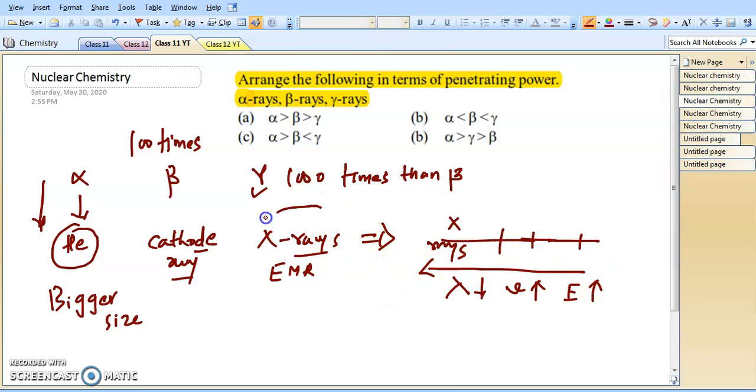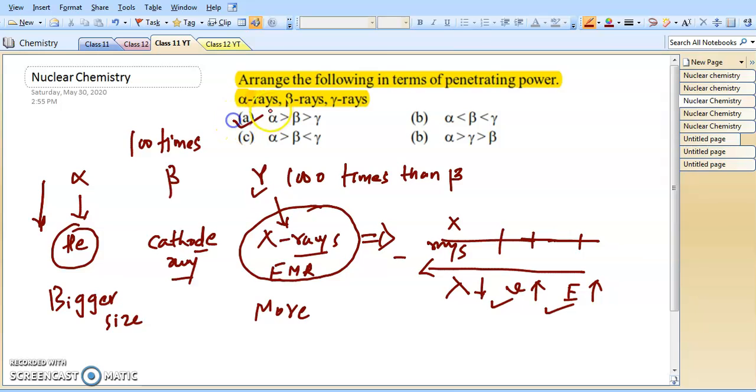These gamma rays are such rays whose wavelength is minimum, so the frequency is maximum. That's why the energy is also maximum out of alpha, beta and gamma, and that's why the penetrating effect is more.